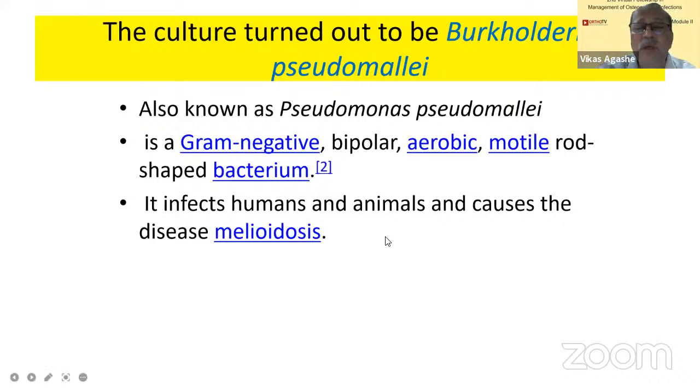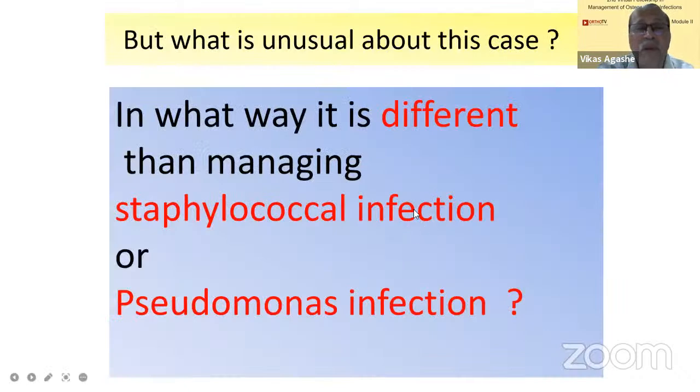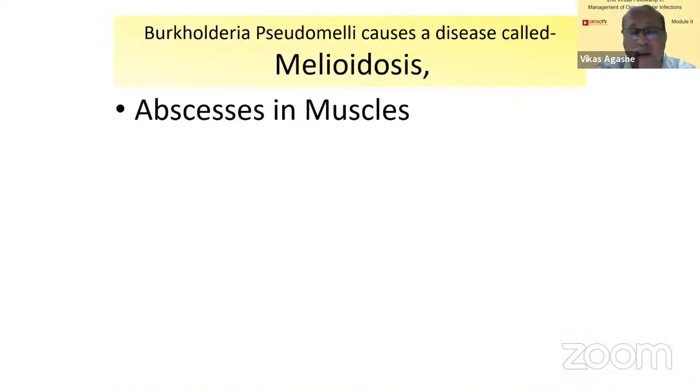This is also known as Pseudomonas pseudomallei, a gram-negative infection. It infects humans as well as animals and causes melioidosis. But what is different from managing a staphylococcal infection and Pseudomonas infection? Why should it be different?